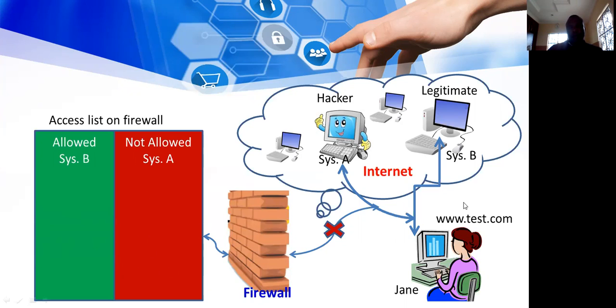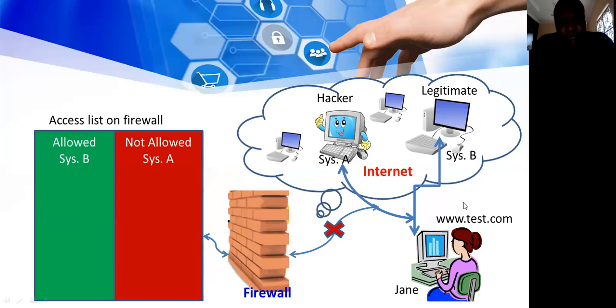Because if you are trying to access the internet, because it's a public place, there could be a lot of people connected on these platforms, which you don't even know. Then there is need for you to secure your own private network, your own trusted network, from these kinds of users. And that is the purpose of using a firewall.